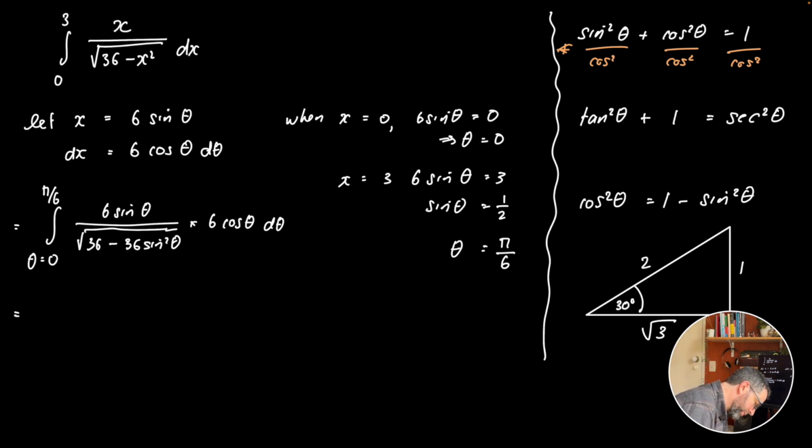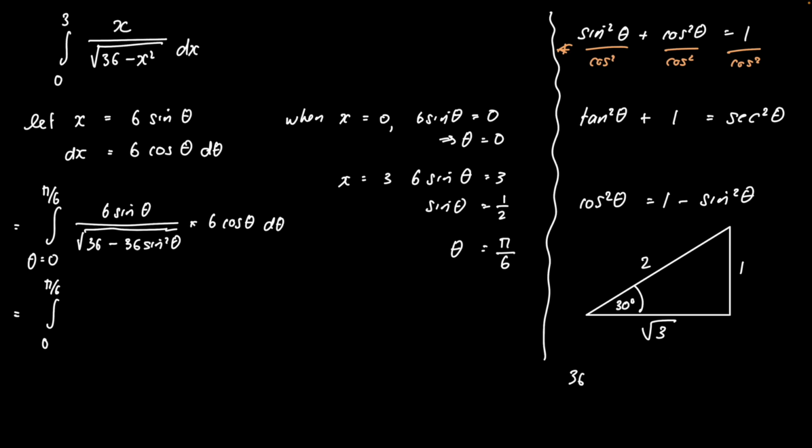Okay, so this equals the integral from theta equals 0 to pi over 6. Now 36 minus 36 sine squared theta, let's just do a little bit of scratch working over here, equals 36 times 1 minus sine squared theta, which equals 36 cos squared theta.